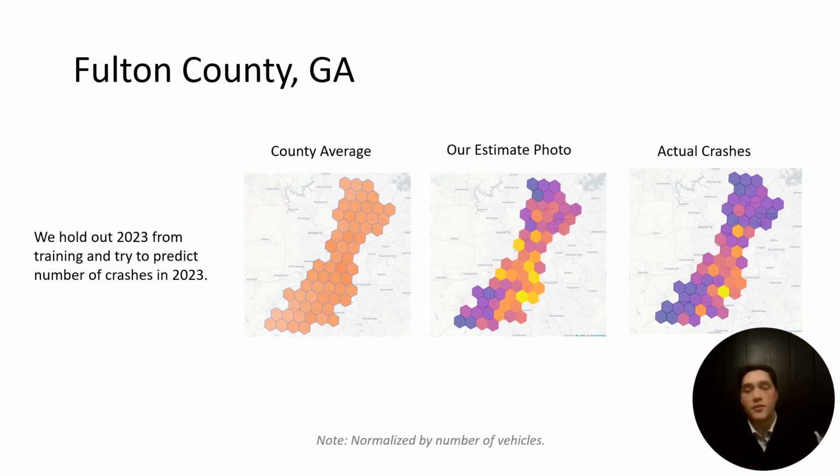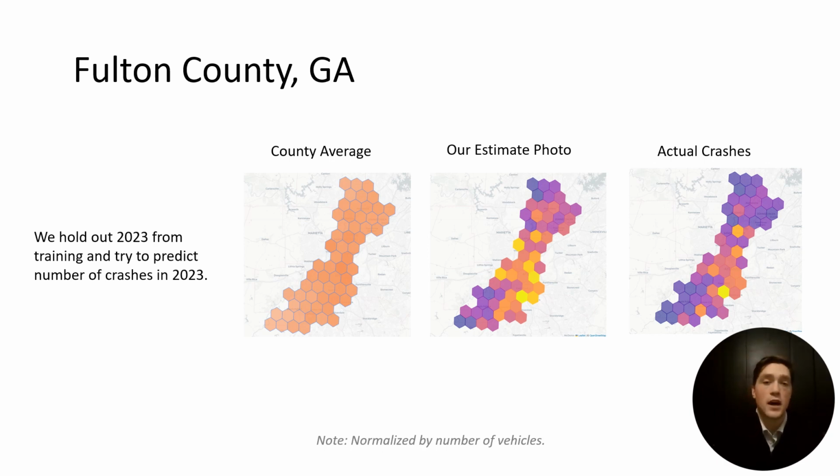So if we take a look at Fulton County, Georgia, I just want to dive into the real impact this is having, okay? If you look at 2022 data, and if you take a county approach, you see the hexagon image on the county average diagram right there, right? If you then use our binning techniques and look at all the crashes from 2022, we can predict and look at the regions that had the highest level of severity, or those that present the most risk.